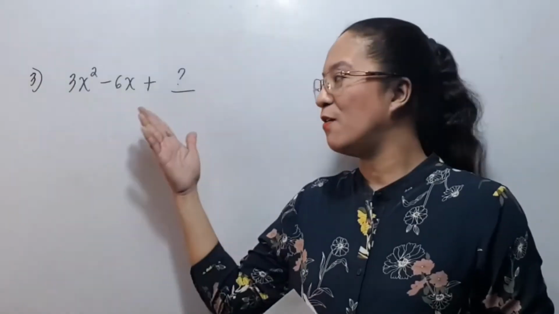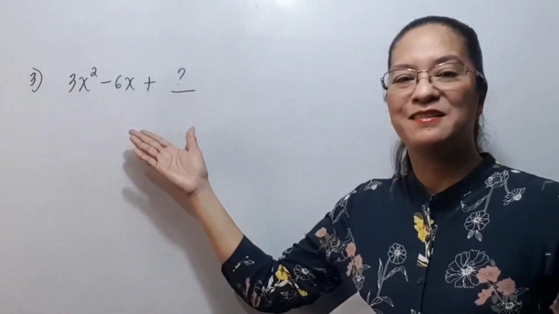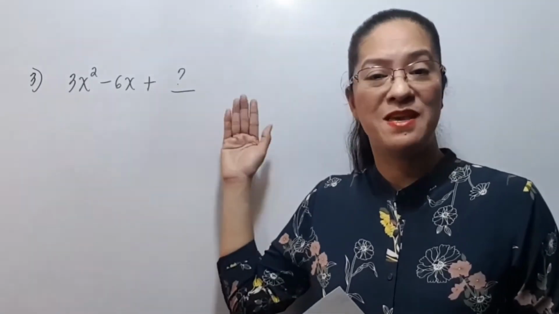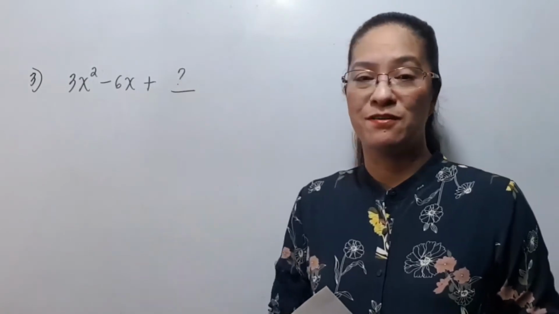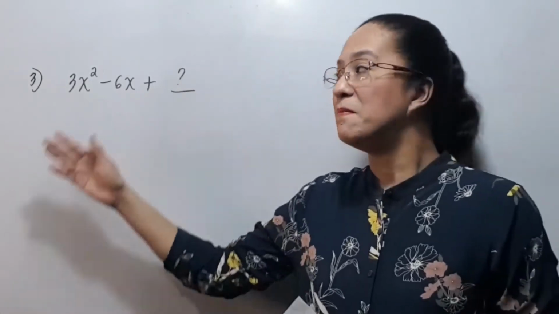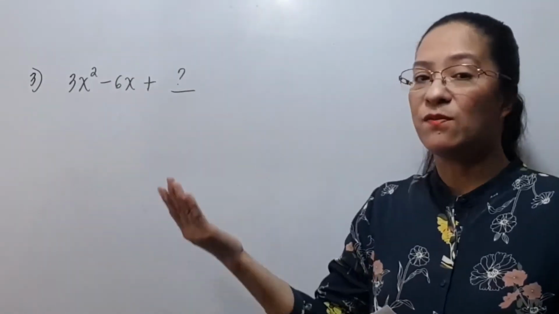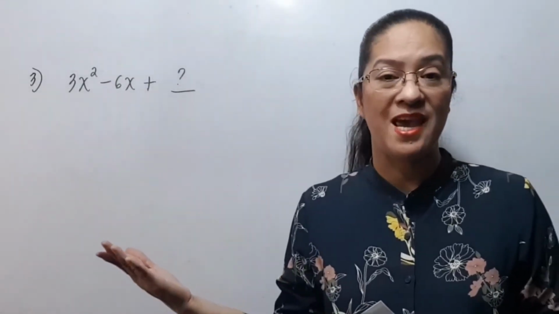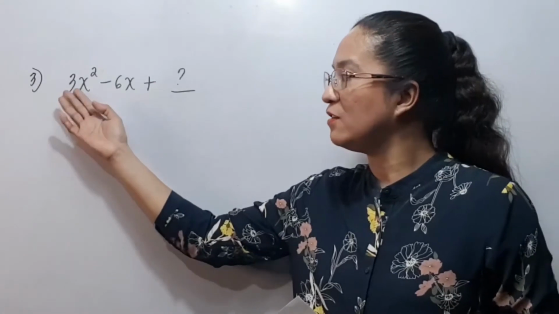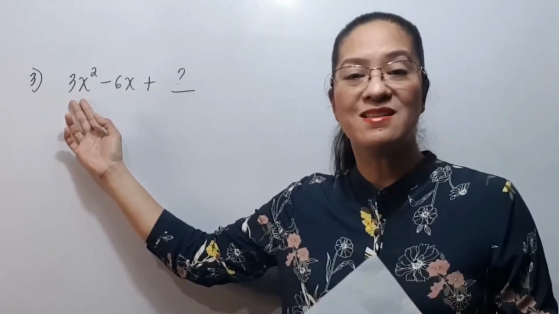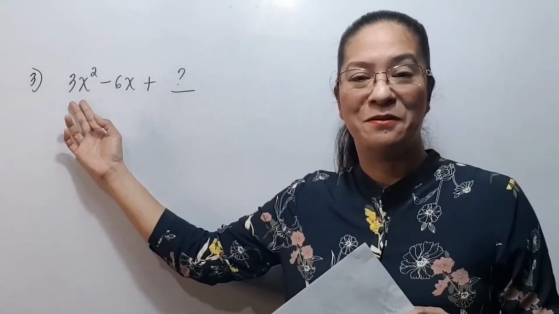Okay, so let us now have number 3. Okay, so the same then, we're going to get the number to be added here to make this a perfect square trinomial. But as you can see, our given is not in the form of x squared plus bx because the coefficient of the x squared term here is greater than 1. Okay?